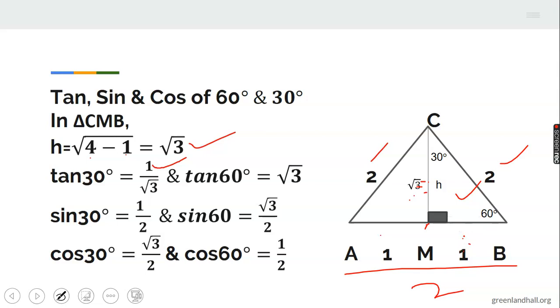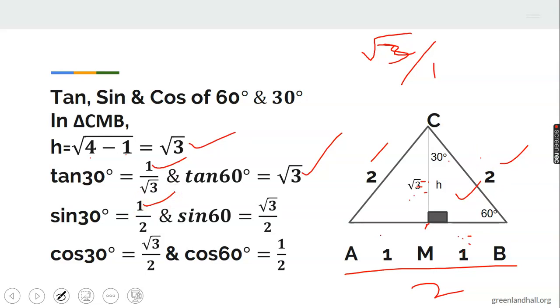So it will give me root 3 over 1, and that is root 3. So tan 60 is root 3. For 30, let's go to sine 30. Sine 30, this is the opposite. Opposite is 1 and the hypotenuse is 2. So it is 1 over 2, half.